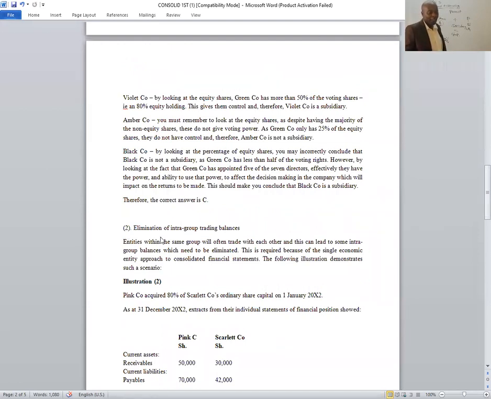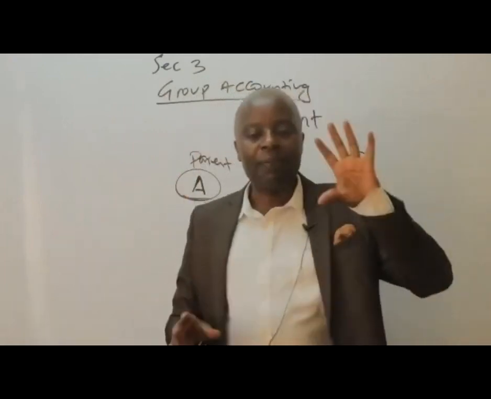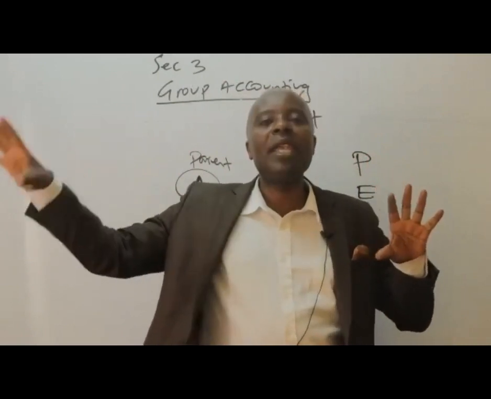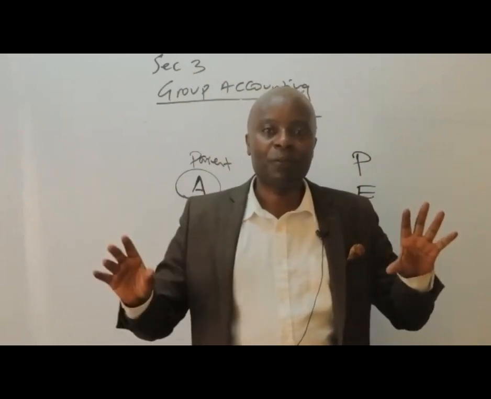And one of the things that normally gives my students problems is how to eliminate intra-group trading balances. So it will be very important for you to remember that your group constitutes a parent and a subsidiary. And remember, subsidiaries can be many. A parent company can even have like 10 subsidiaries.